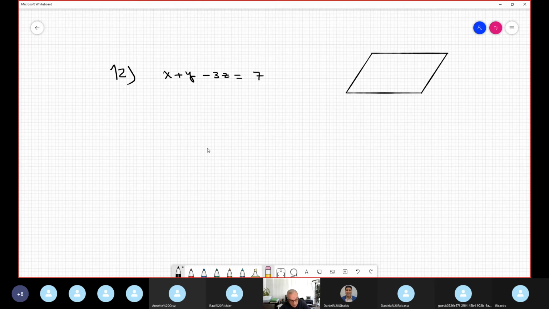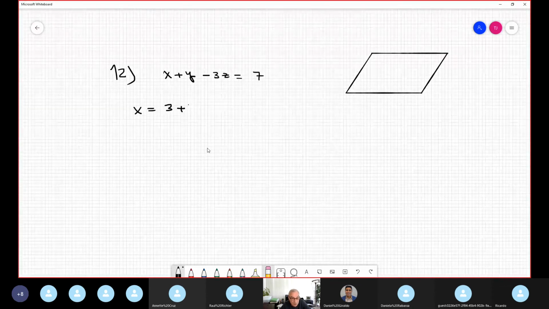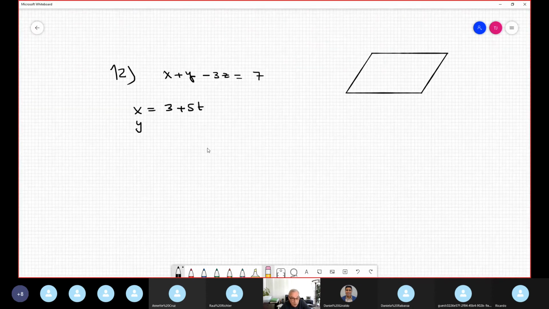Now it's perpendicular to the intersecting line. We have a line: x equals 3 plus 5t, y equals 2 minus 4t, and z equals minus 2 plus t.